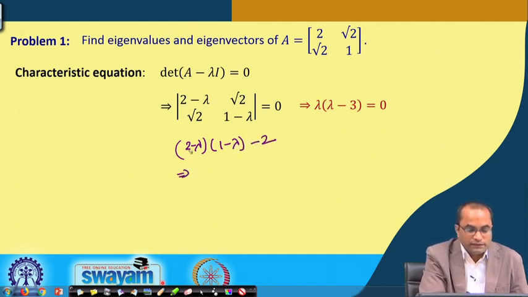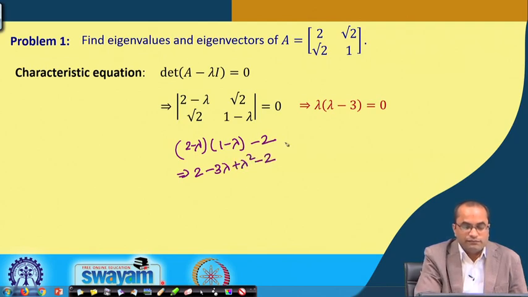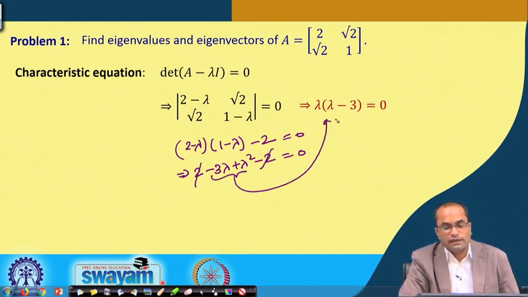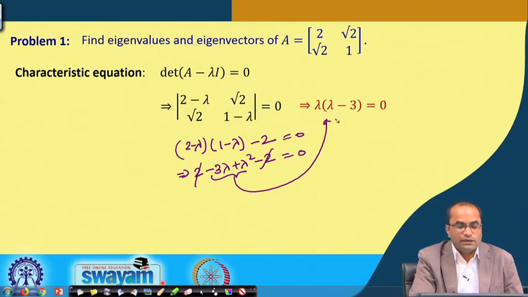So, what do we get here? The 2, and then minus 2 lambda, and minus lambda, so 3 minus 3 lambda, plus lambda square, and then minus 2. So, this 2 gets cancelled, and we have exactly this characteristic equation, which is lambda times lambda minus 3.